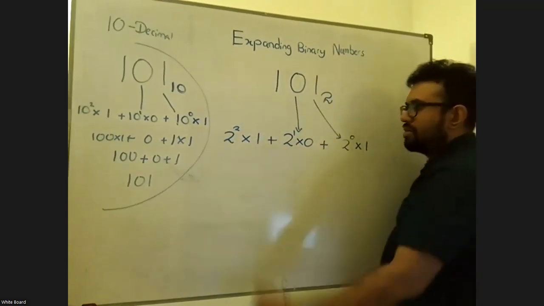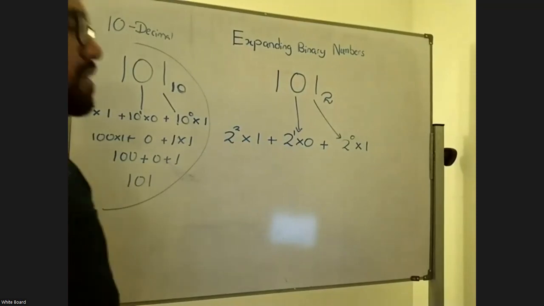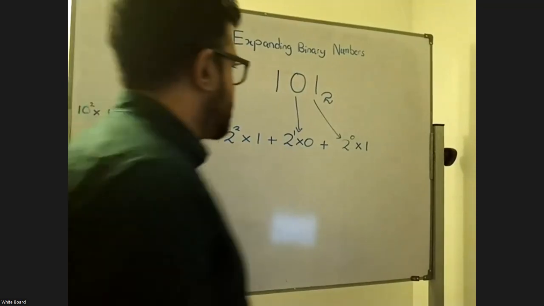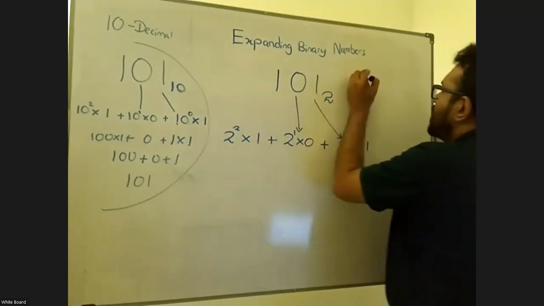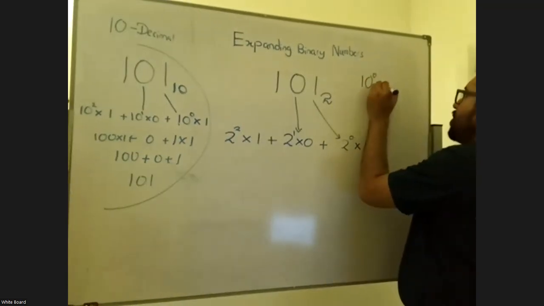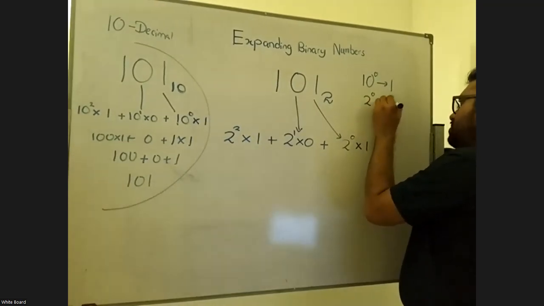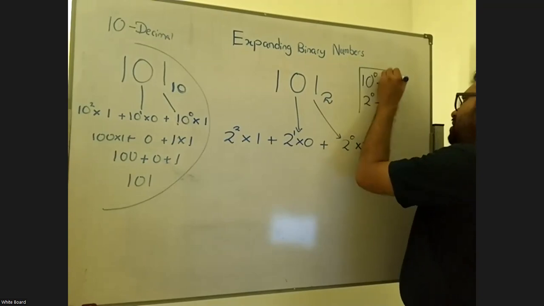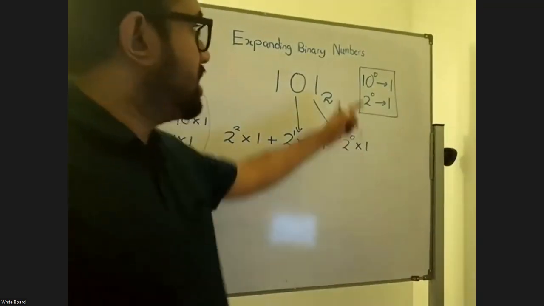Now we have to do some simplification. I told you 10 to the power 0 is going to be 1. 2 to the power 0 is also 1. Any number to the power 0 is going to be 1.